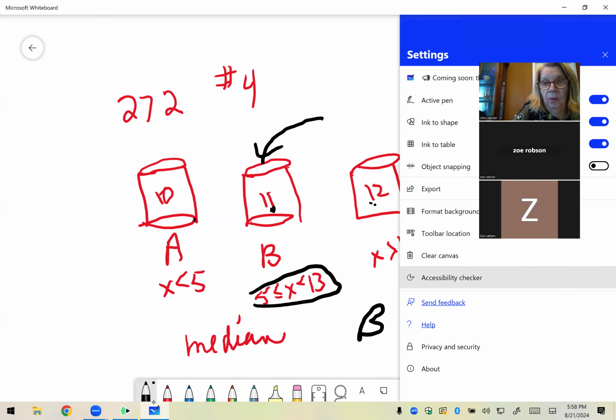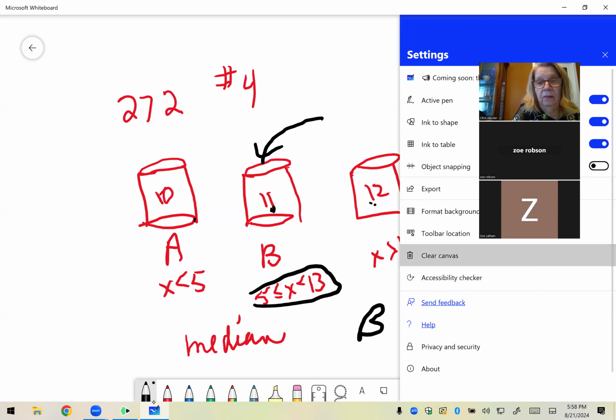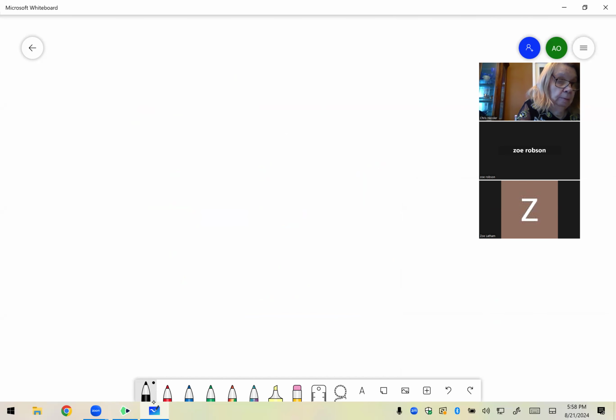One last mean problem before we get to it. So I'm looking for clear canvas. It's 580 number 14. Oh, we did this last week.